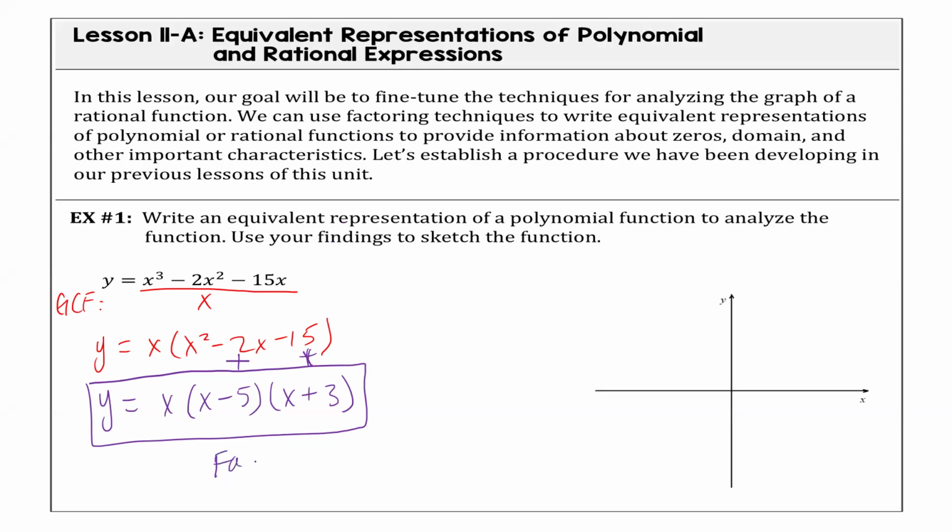So now that I'm in factored form, what are the zeros of this polynomial? Our zeros are at x equals 0, x equals 5, and x equals negative 3.